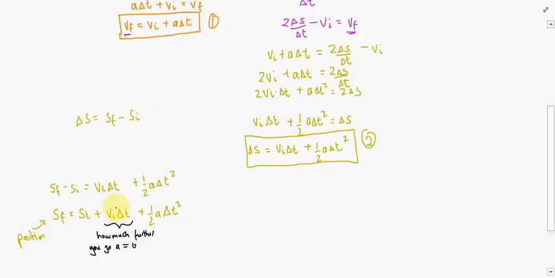You might think, well, how the heck does velocity times time equal some change in position? Well, if you remember that velocity is equal to some change in position over some change in time, right? If I multiply both of these out, it says that v times change in time is equal to change in position.